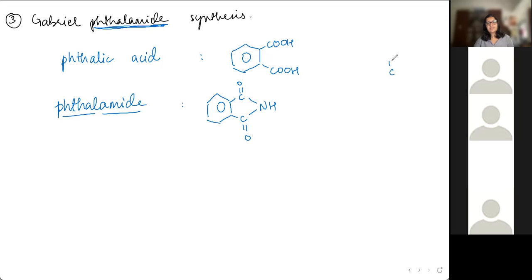So an amide is basically C double bond O NH2, right? So this is an amide. When you derive the amide from phthalic acid, these two join in to get this structure. So this is the raw material used in this particular synthesis.